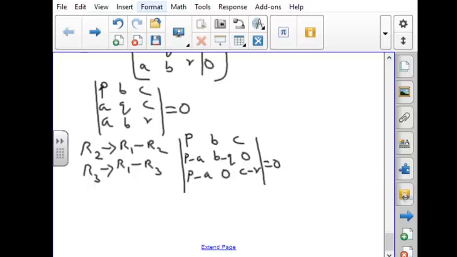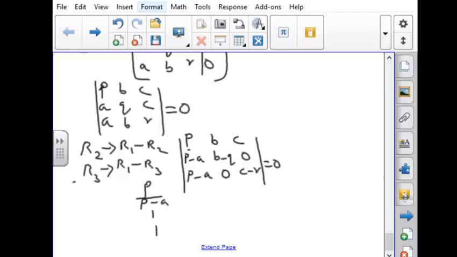Now here we can make this as 1. To make this as 1, we multiply and divide by P minus A. So we divide the first column by P minus A: P by P minus A, 1, 1.